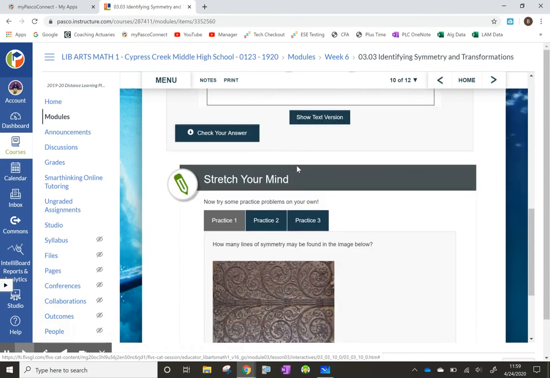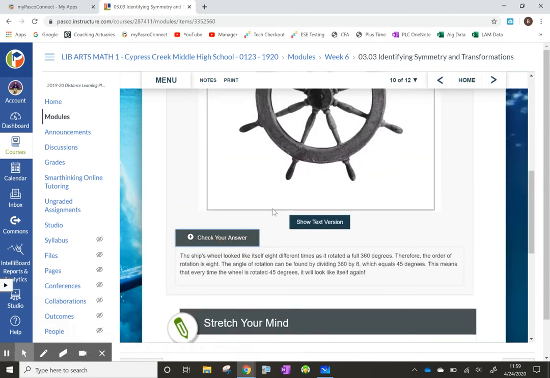So why is that important? Well, there's something we like to find called the angle of rotation. Since we can turn the ship's wheel 8 different times in the span of 360 degrees, a simple way of calculating the angle of rotation is taking the 360 degrees, dividing it by 8.